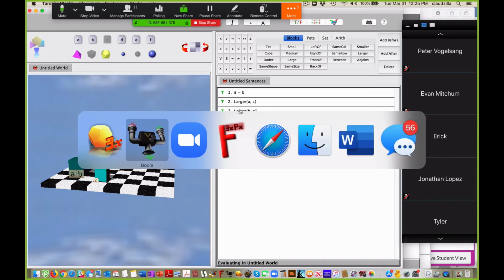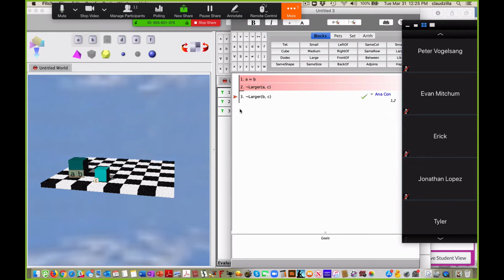And then finally, if I go over to Fitch, and I ask if the thing is an analytical consequence, what Fitch is doing here is it's building a world, right?